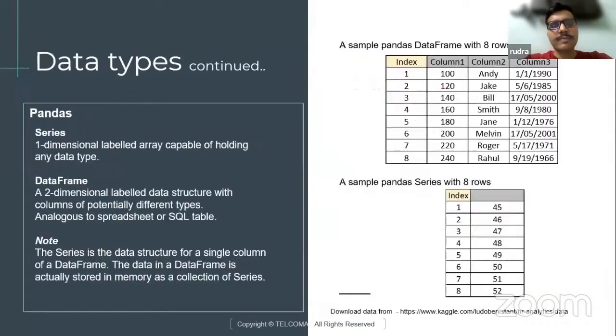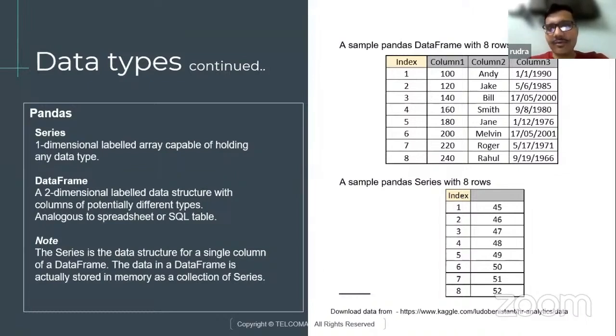The same way, pandas is a library that has a data type called the pandas data frame. A data frame is just like a list, but the only difference is that a list is a one-dimensional data type, which has only a list of numbers, or a list of integers, or a list of strings, or a list of any simple item. But these data frames are basically lists of lists, or you can say multi-dimensional lists.